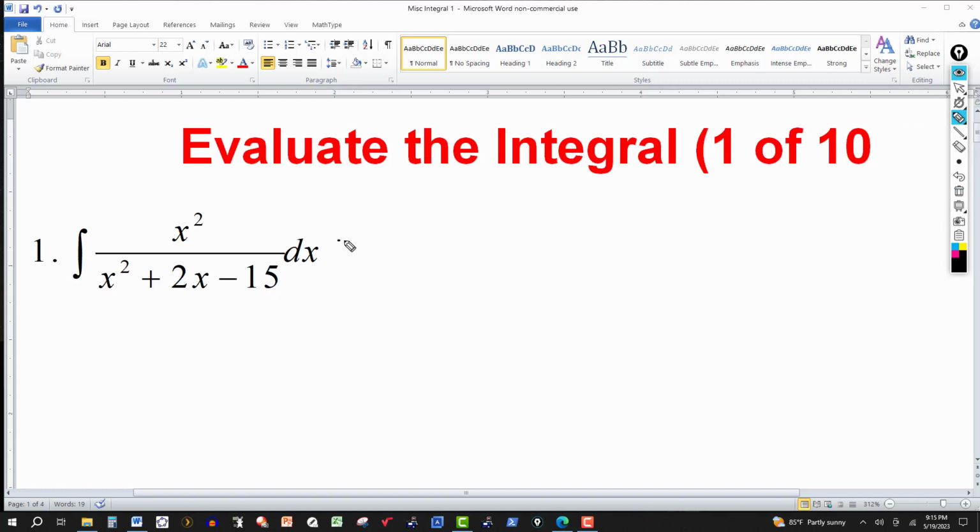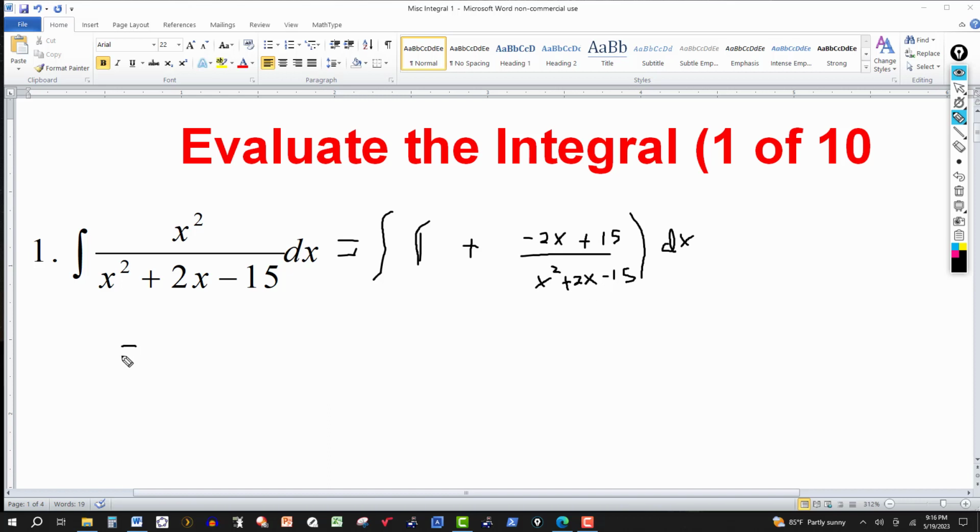So always put an equal here then. So this is going to be 1 plus minus 2x plus 15 over x squared plus 2x minus 15. So we can break this up into two integrals here. 1 and the other integral would be negative 2x plus 15 over x squared plus 2x minus 15.